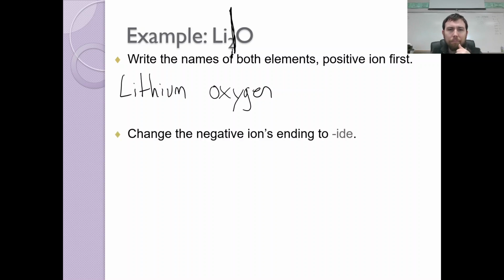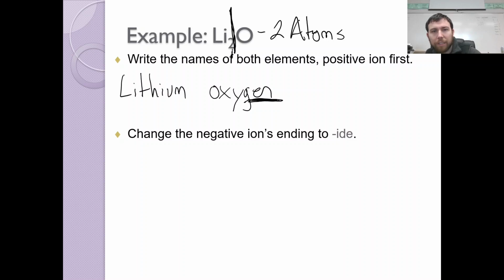Right. Now, step 2, since we only have 2 atoms, we don't have any polyatomic ions, so then for our second element, the oxygen, we're going to need to change its ending to IDE. Now in oxygen, we're going to change the GEN portion to that IDE.